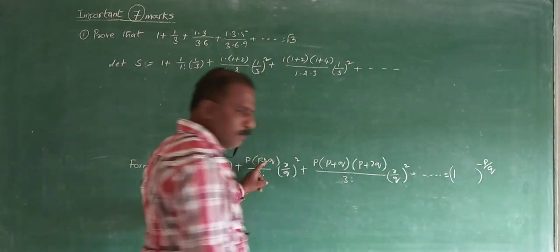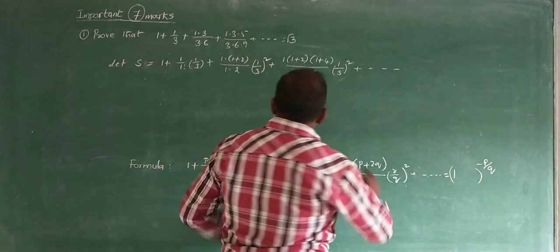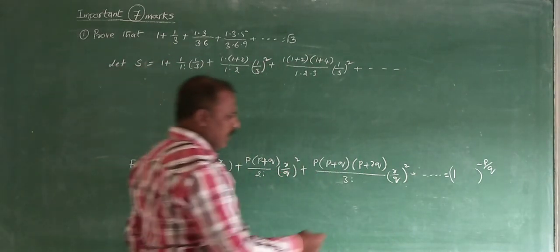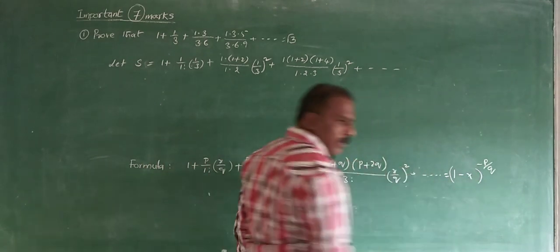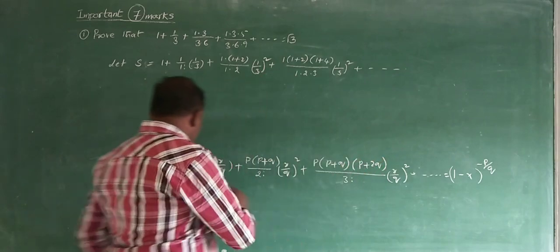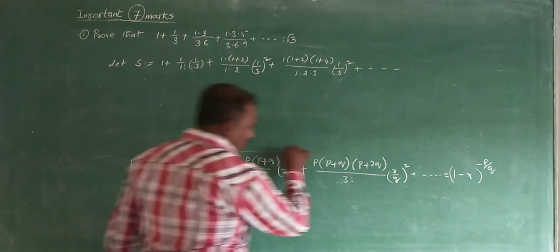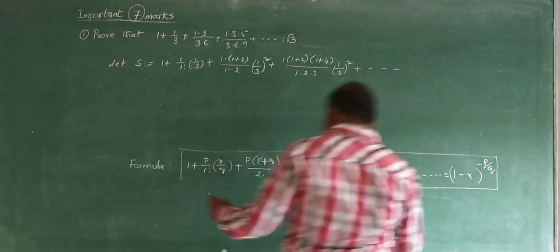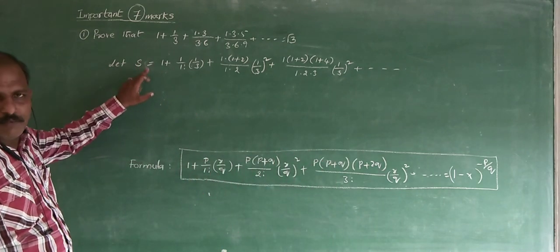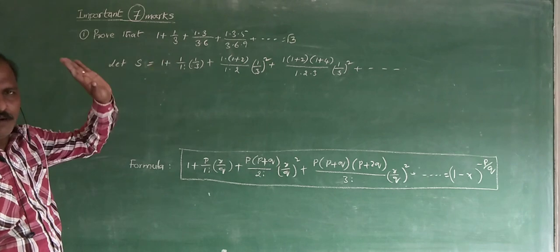Since here it is p plus q, all are positive, so here we must have negative: 1 minus x to the power of minus p by q. This formula was given in March 2015 for 7 marks, a simple problem.